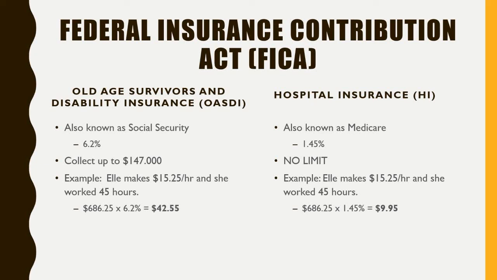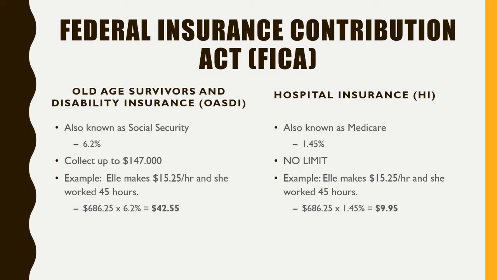But yes, the assumption is the time that you're working from when you're 30 all the way to 67, that whole entire time, you should be able to rack up a total of $147,000. That's what that cap limit is: this is how much money you should be contributing during the 30 years that you work.